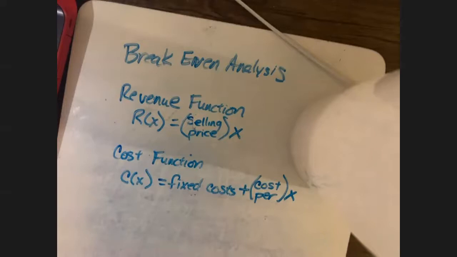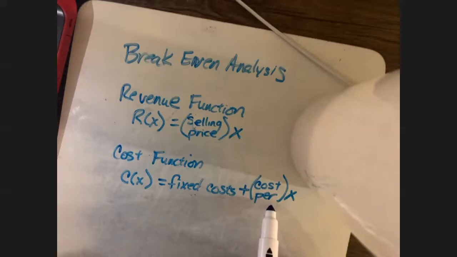This is your stuff like it may have been research and development, advertising, rent, bills, utilities, things like that, that whether I make one of them or I make 1,000 of them, I still have to pay that out. The cost per, this is the material cost to make that item.